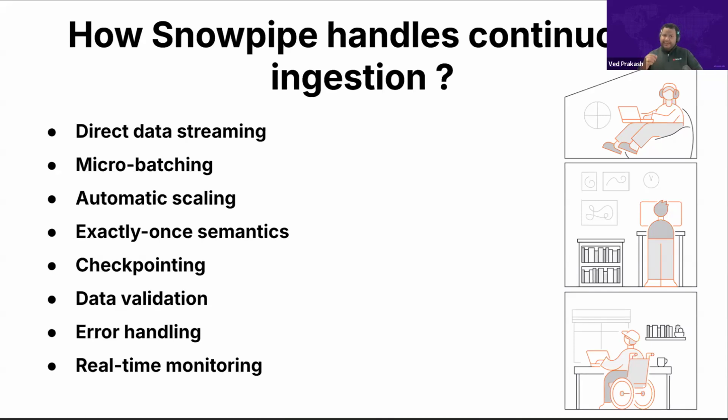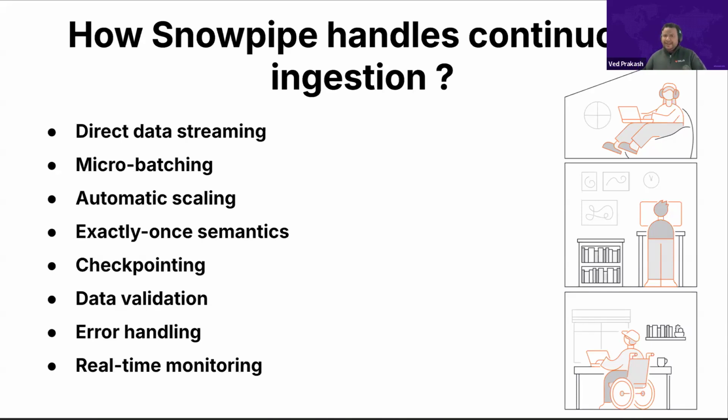That is taken care of by the Snowpipe streaming services. End users do not have to batch the records or stream the records. Automatic scaling is one of the factors we discussed initially. It dynamically adjusts the resources to handle varying data volumes.